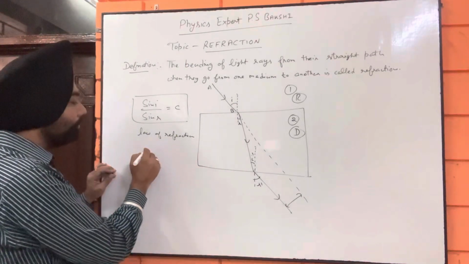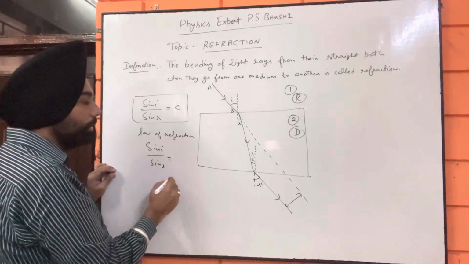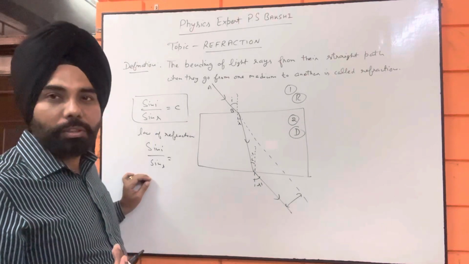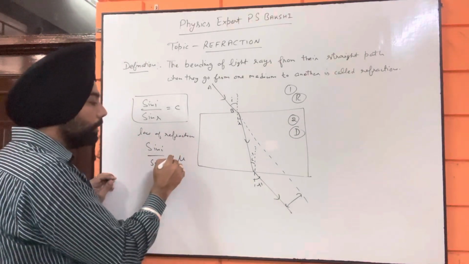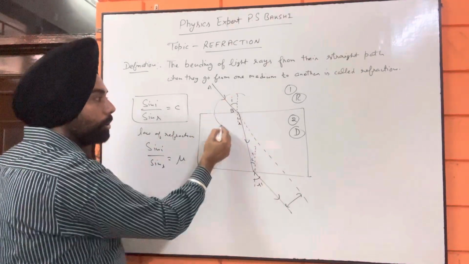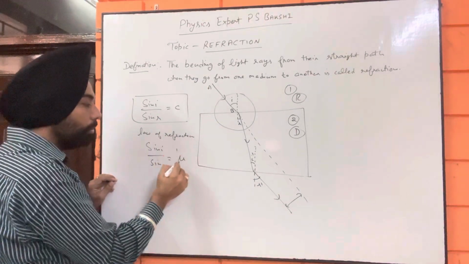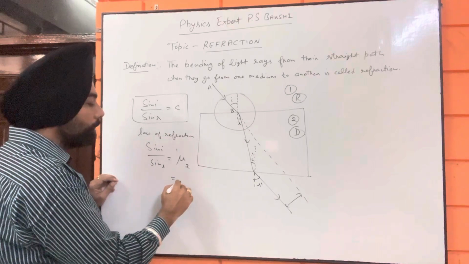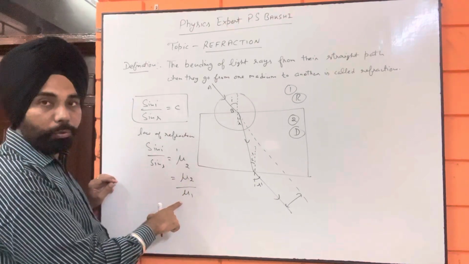So this means sin i upon sin r. Most books use different symbols for refractive index; I am taking the mu symbol. So if we place mu here, a ray of light coming from the first to the second medium can be described by the refractive index of the second medium with respect to the first.